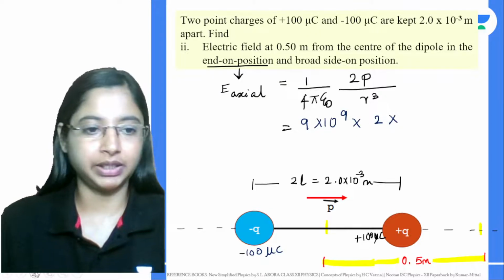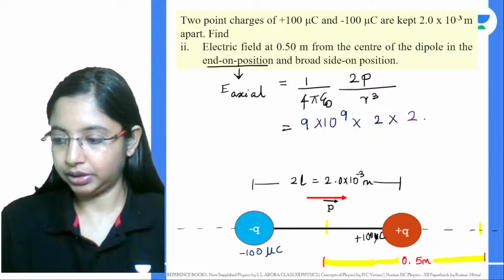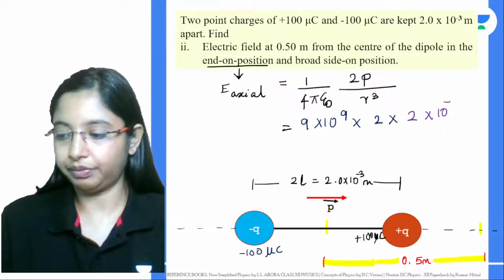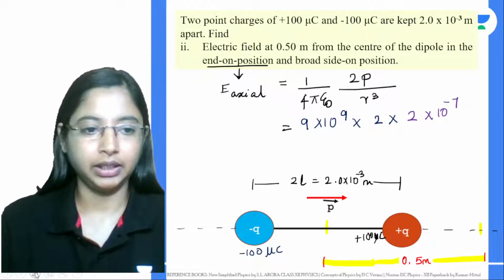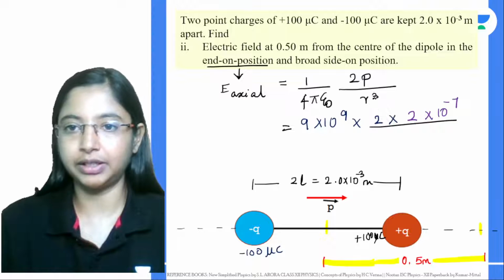The dipole moment is in this case 2 into 10 to the power of minus 7, all of this value divided by r cube.